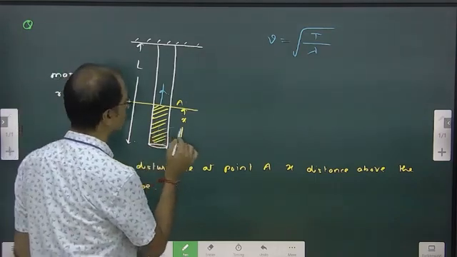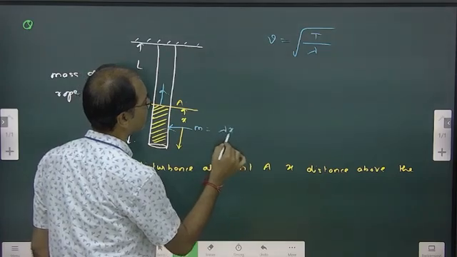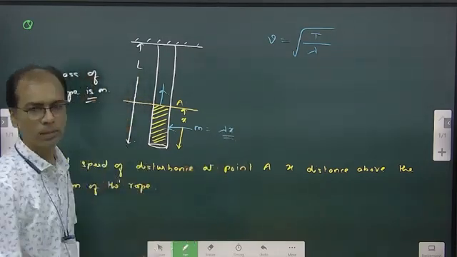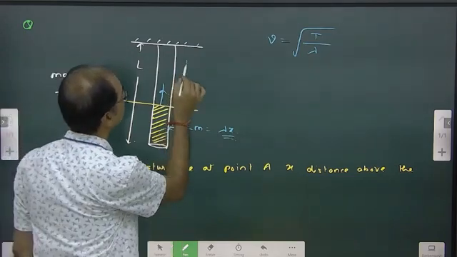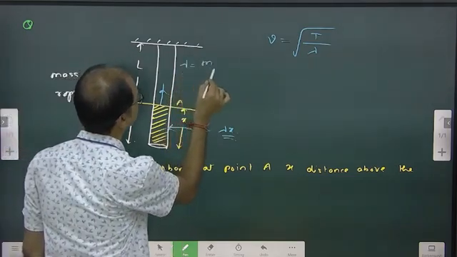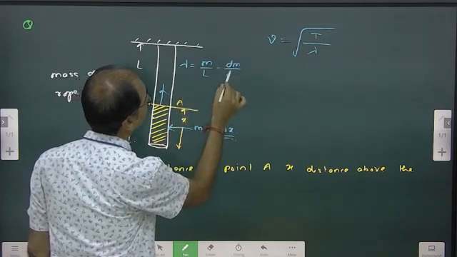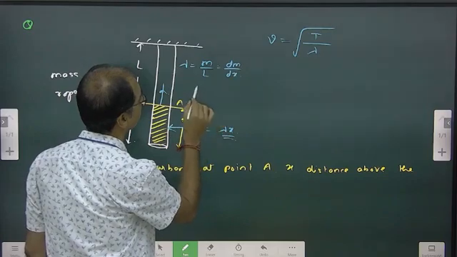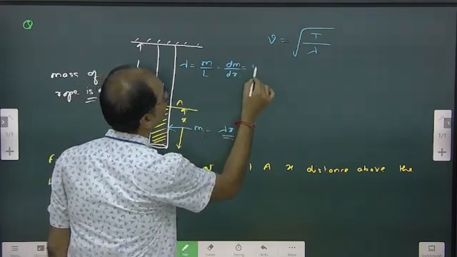This portion's mass is lambda into x. How do we know? Because we know that lambda is constant. Lambda is actually m by L also. Lambda is dm by dx also. And same way, suppose this is m1, lambda is also m1 by x.